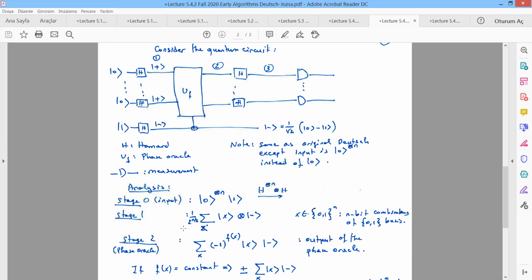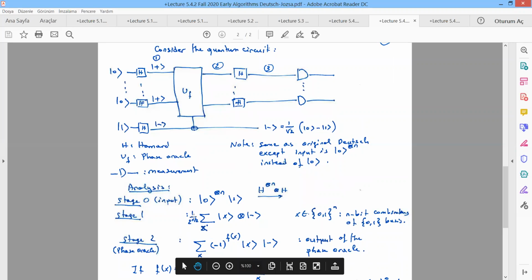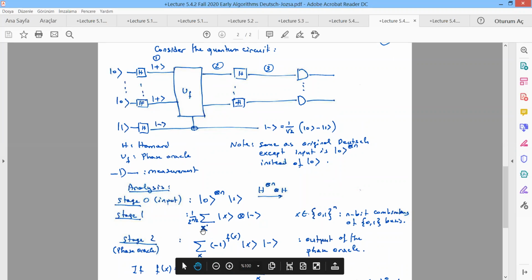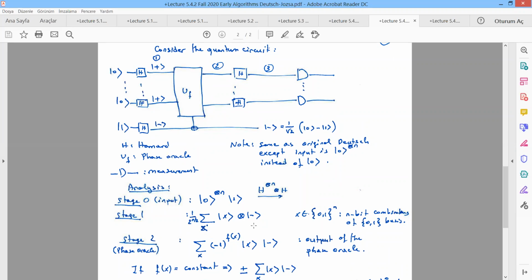So at stage 1, what we have is, remember the Fourier sampling. In the last lecture we had discussed how the Hadamard tensored n times transforms an input ket 0, 0, 0. It was a linear superposition of ket x, of all the possible values of x, with this normalization constant in the front. And then we have tensored ket minus due to this ancilla bit.